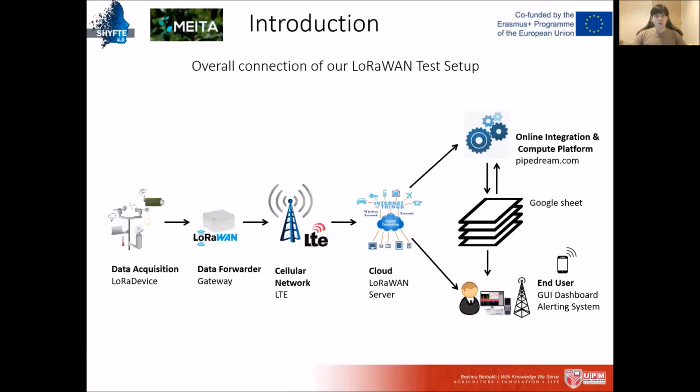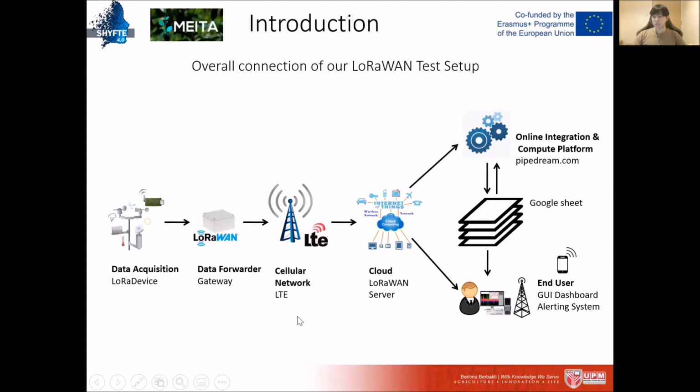So this is a brief introduction on how we are going to do the setup. From the slide, you can see the overall connection for our LoRaWAN setup. We have this LoRa device that will do the data acquisition. Then we have the data forwarder, which is the gateway, over the cellular network LTE.